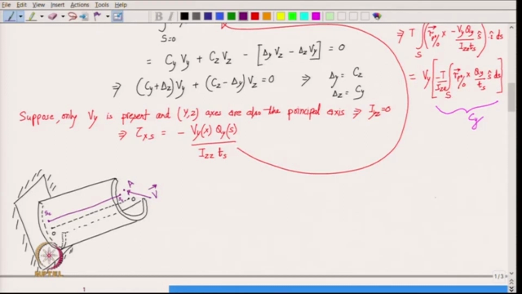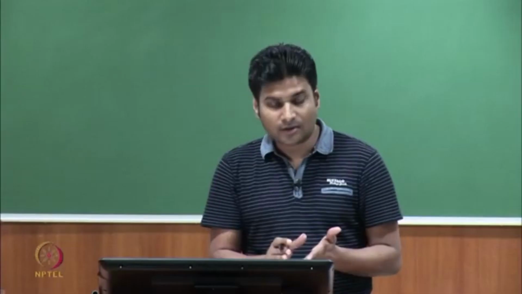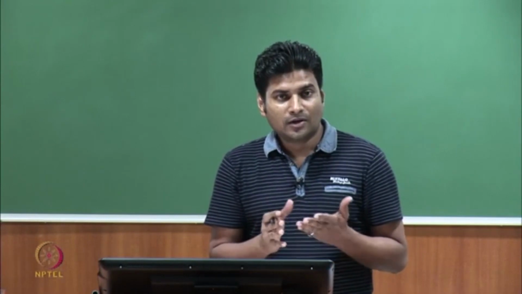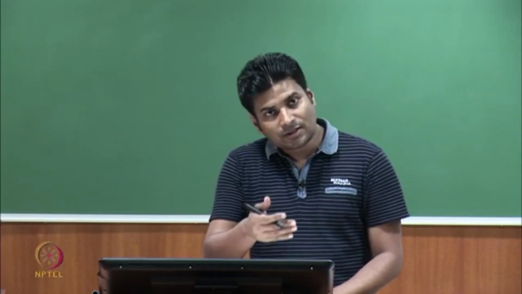So, let us suppose we isolate this beam from the clamped support, then the clamped support is going to exert some traction on that cross section over there, right, and we will have shear stress distribution in that cross section also, which will follow the formula that we just wrote down. Okay. And since it is in equilibrium, the net moment also should be 0, and in fact, net moment about any axis should also be 0.